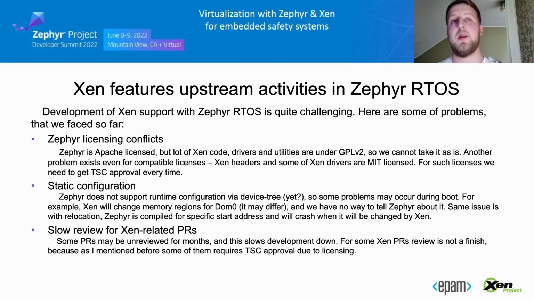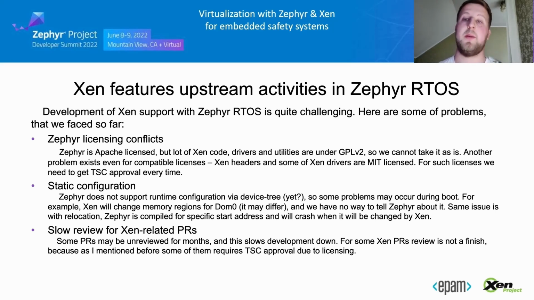The second problem is Zephyr static configuration. Due to static configuration in Zephyr, some issues may be caused by Xen at runtime. Usually such problems are fixed by changing the device tree that is passed to the domain, but Zephyr doesn't use it at runtime.